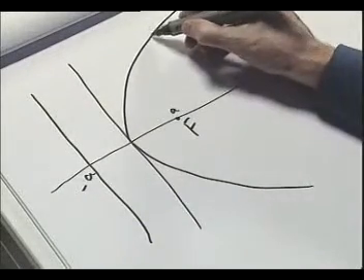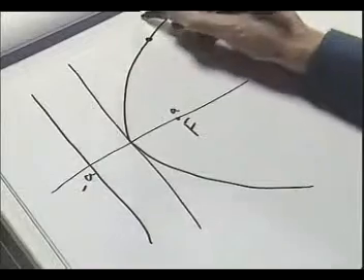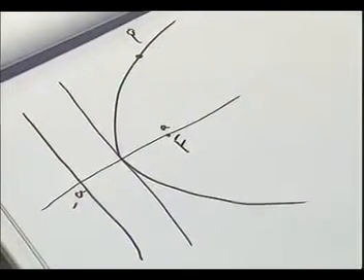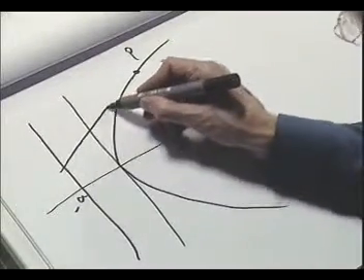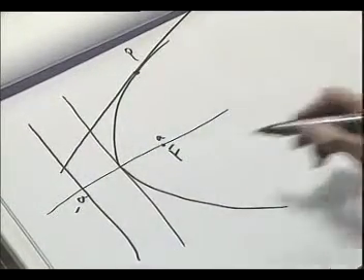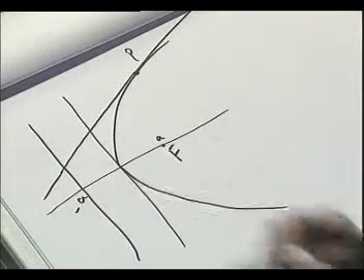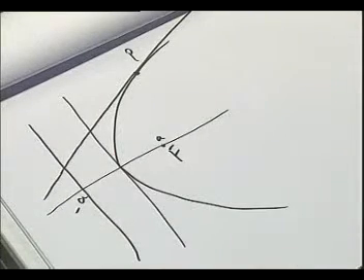Let's take any point P on the curve. And the question we're asking is, what is the equation of the tangent to the curve? What's the equation of that line?